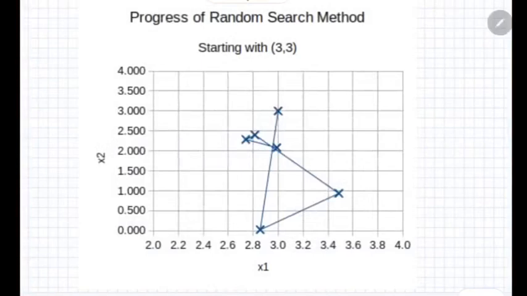So we started with a point which is 3, 3 and in the next iteration we have gone to another point.